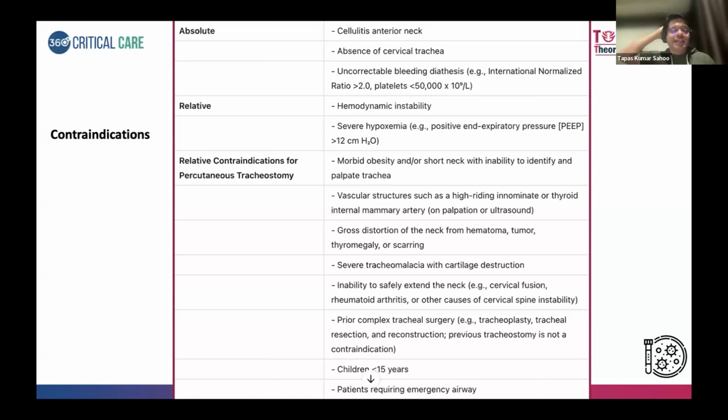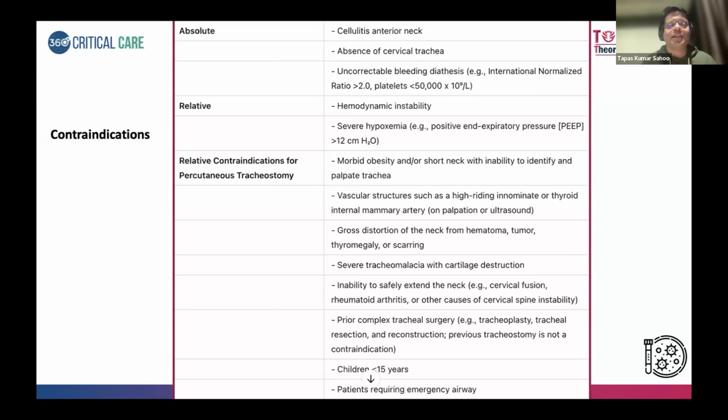Inability to safely extend the neck, like cervical fusion, rheumatoid arthritis, or other causes of cervical spine instability. Prior complex tracheal surgery have been done, and the surgeon is not very keen to go for tracheostomy in this patient, where you would be going for percutaneous without knowing the proper anatomy of the tracheal surgical patient, like tracheoplasty, tracheal resection, reconstruction. Previous tracheostomy is not a contraindication though. Children less than 15 years.